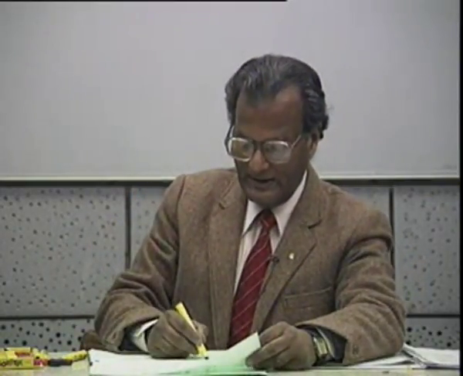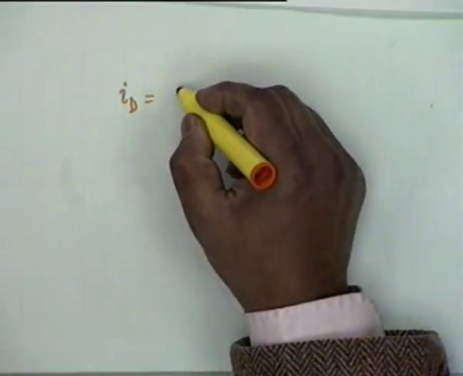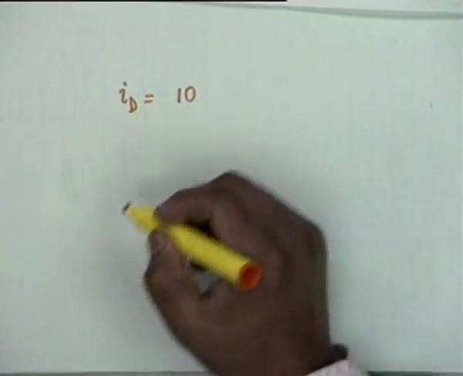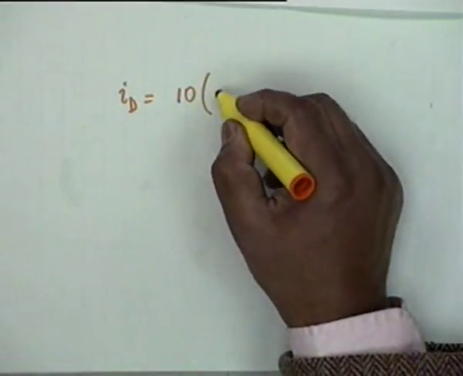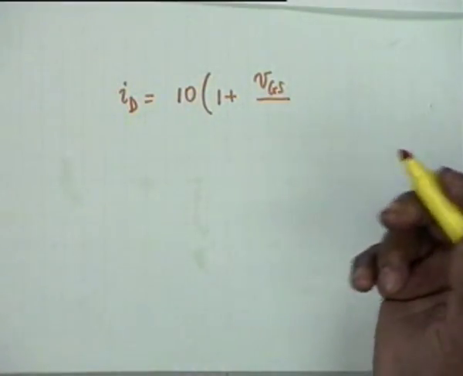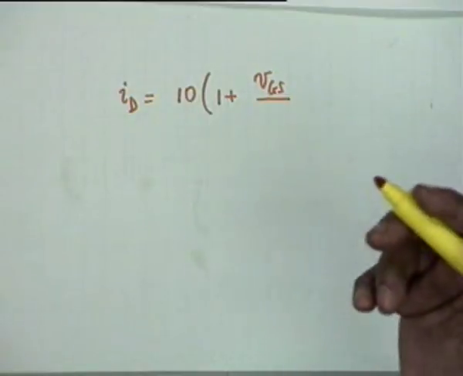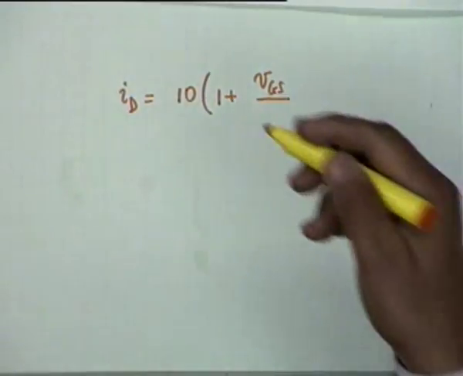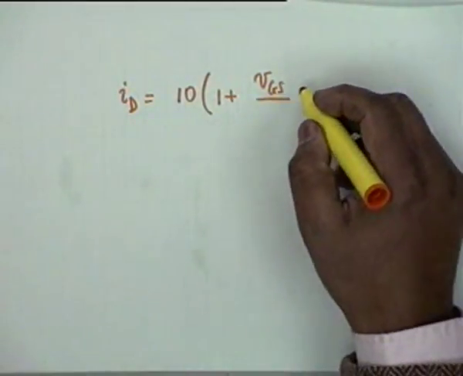Our relationship for I sub D and VGS is 10 multiplied by 1 plus VGS by 5 whole squared, so many milliamperes. I am using the total because someone objected. Okay, it's a DC design. I could use the capital also, but doesn't matter.